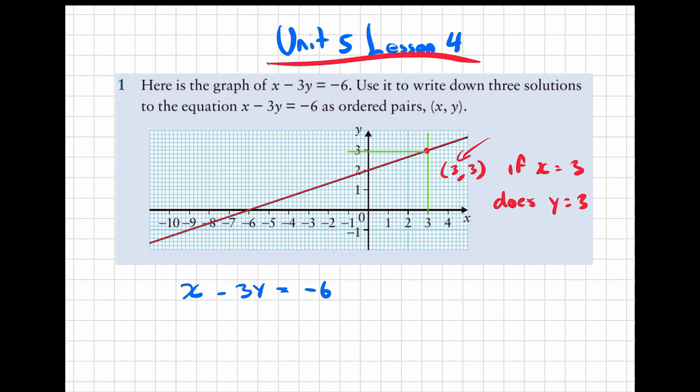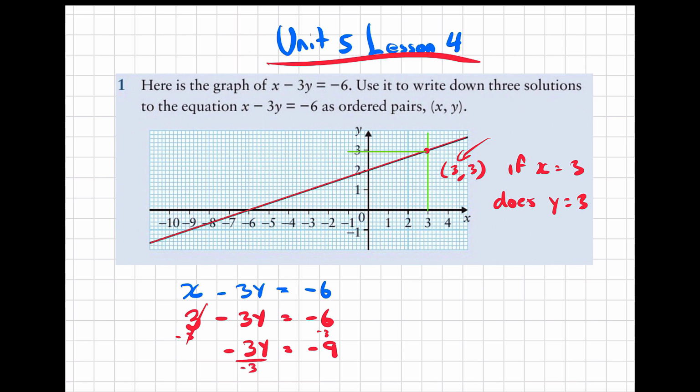Well, all I need to do is take that 3 and substitute it into this equation. So I get x is going to be 3. So it's 3 minus 3y equals -6. I'm going to subtract 3 from both sides. Cancels on the left. I got -3y is equal to -9.